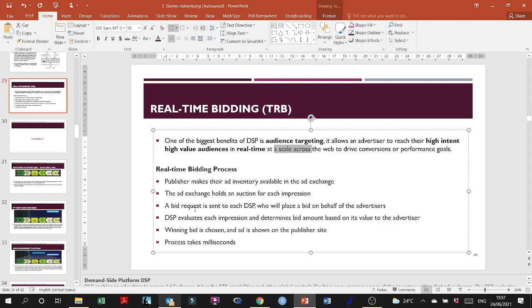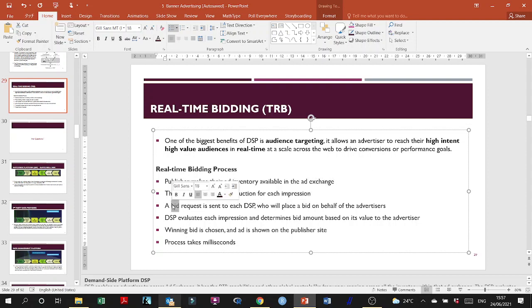A bid request is sent to the DSP that will place a bid on behalf of the advertiser. So the ad exchange holds an auction for each impression.